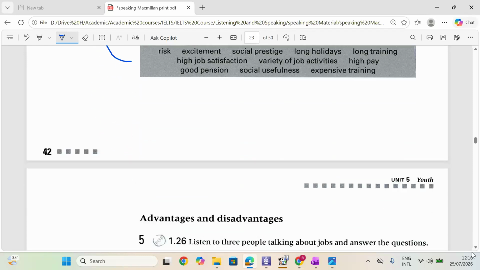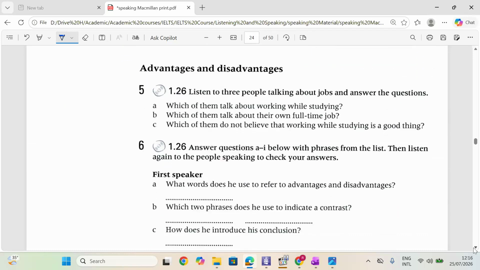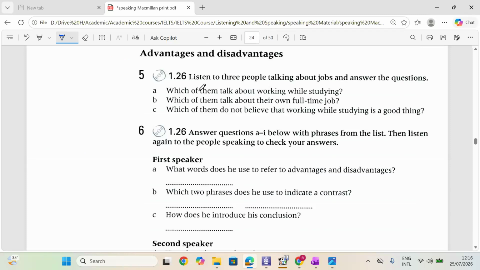Let's move on to next exercise, advantages and disadvantages. Now we're going to listen to 3 people talking about jobs and answer the questions. Which of the 3 speakers talk about working while studying?